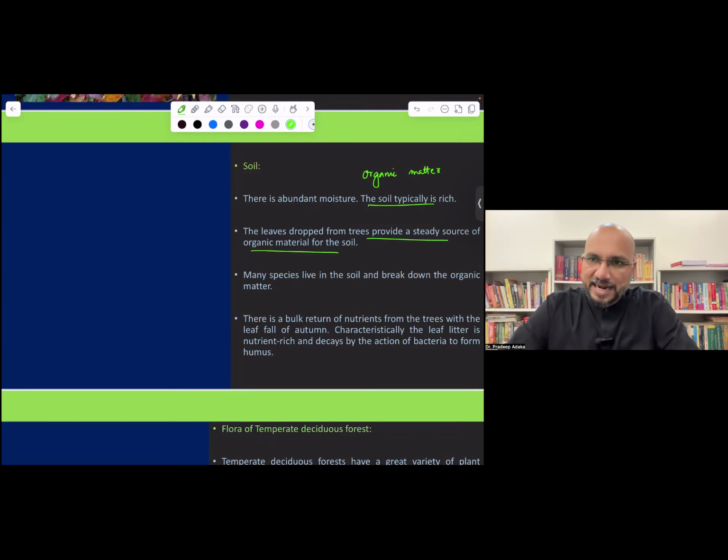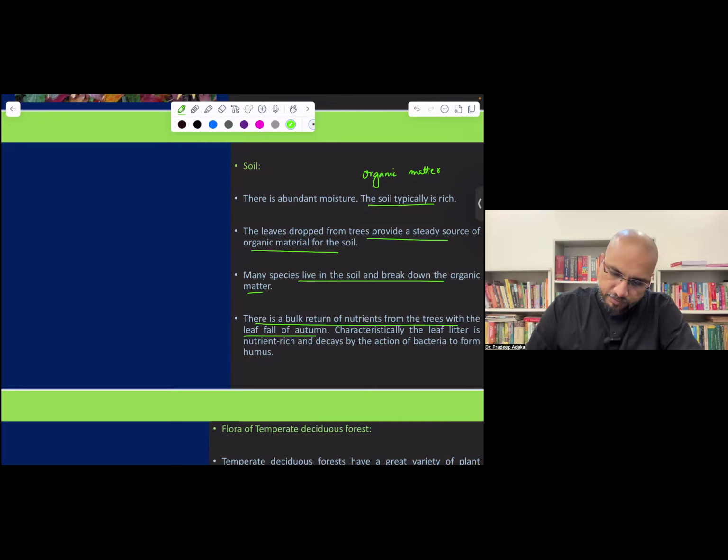Decomposition takes place and slowly the nutrients, inorganic minerals, will be released back into the soil. So there will be recycling. Many species live in the soil and break down the organic matter. So there is a bulk return of nutrients from the trees due to leaf fall. This litter will bring back the nutrients into the soil by the decomposition of organic matter.